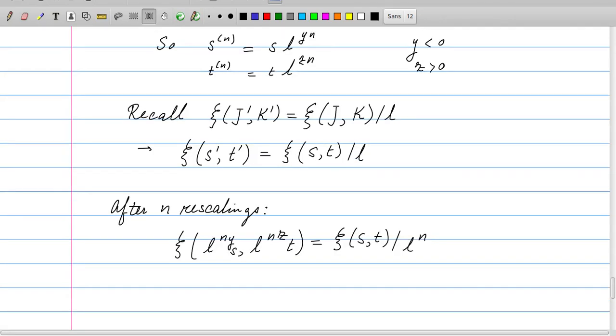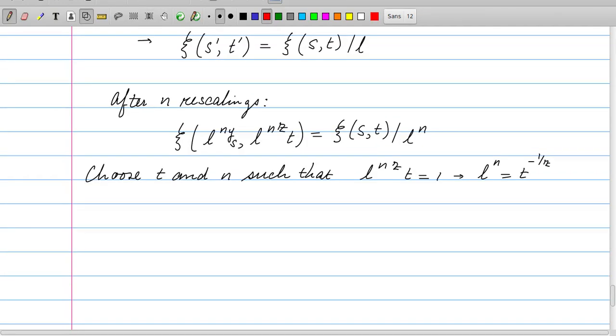Well, in that case the coefficient s is rescaled by this L to the power yn. That's what we see here, and the t is rescaled by L to the power nz, and because we have performed n renormalization transformations, the xi goes down by a factor of L to the power n.